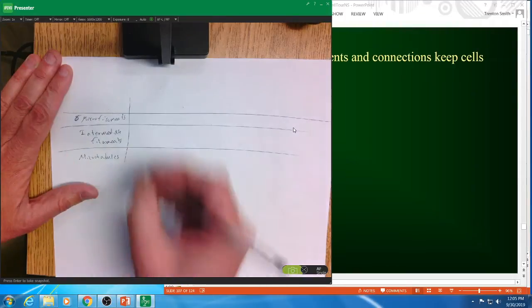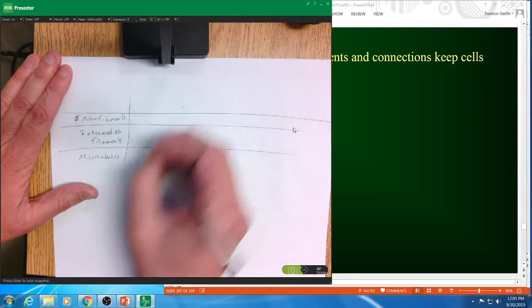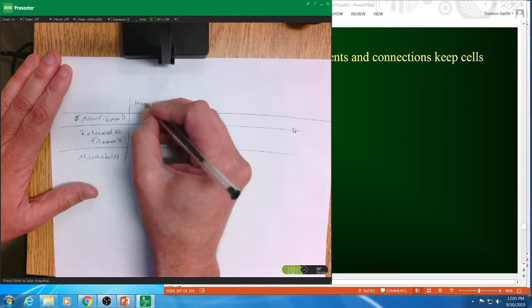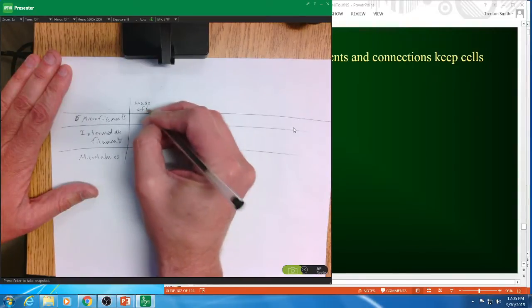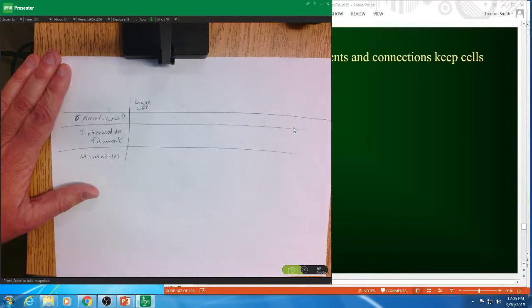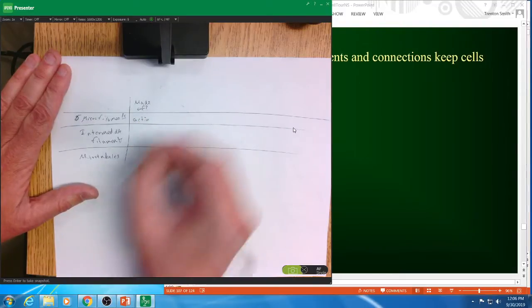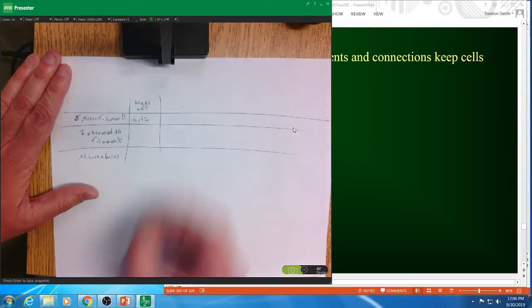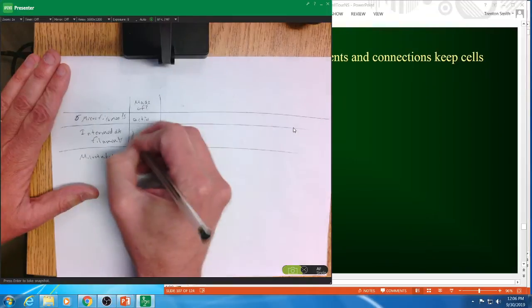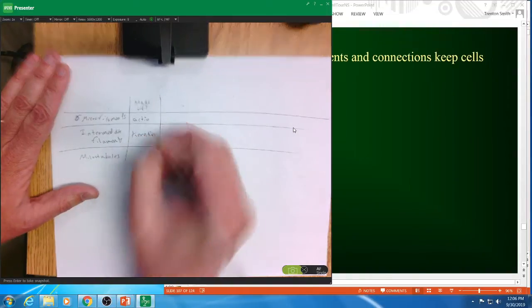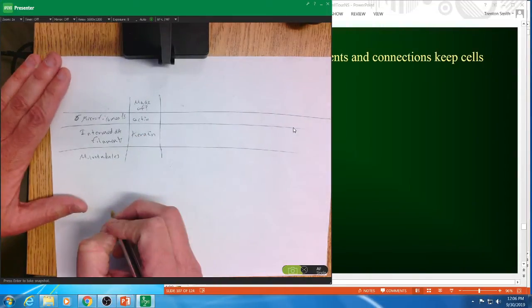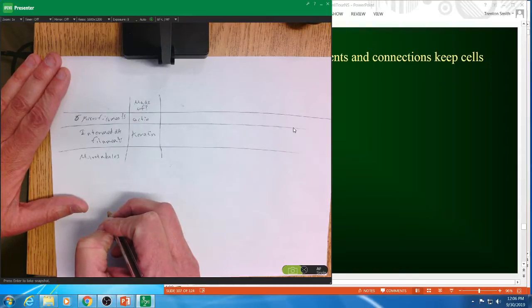Okay, so the first one, we could say made of. Made of what? Microfilaments: actin. Intermediate filaments: keratin. Microtubules: tubulin.